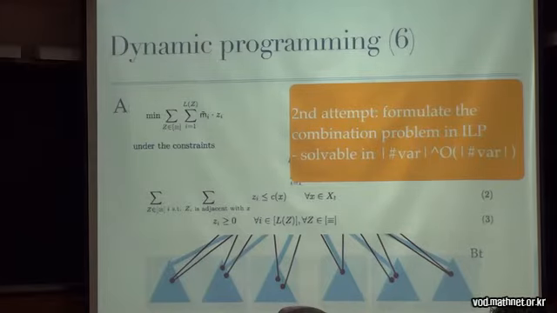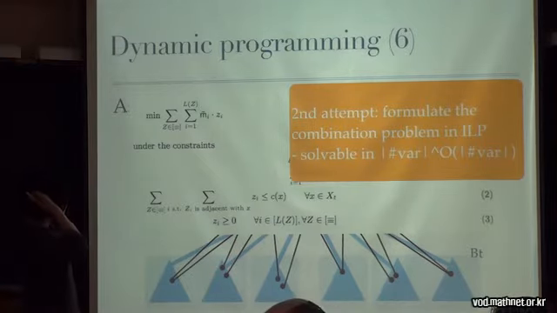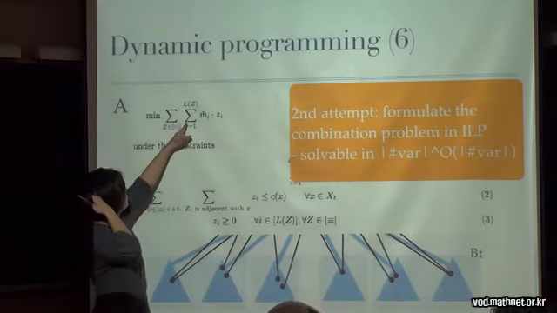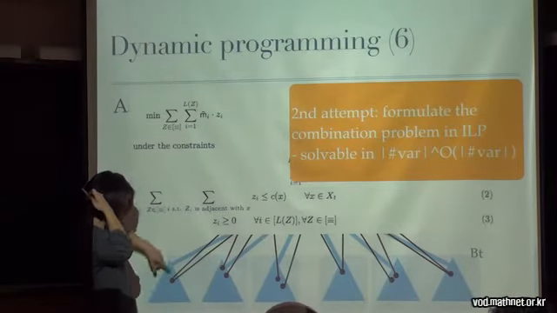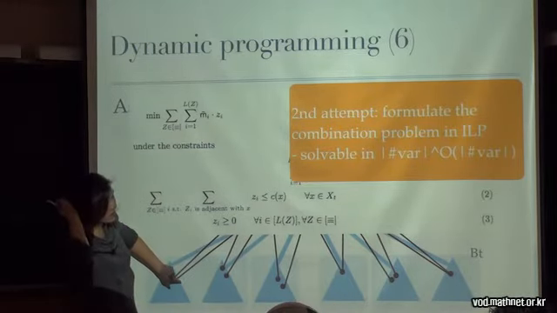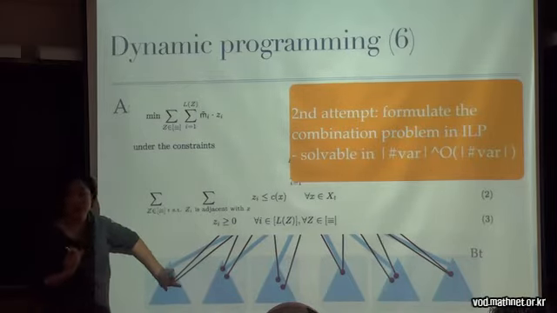So this is basically the idea for dynamic programming. Here the number of variables is the number of groups, yes. I don't remember exactly, but the number of variables is the number of groups times the number of states in each child, I think.